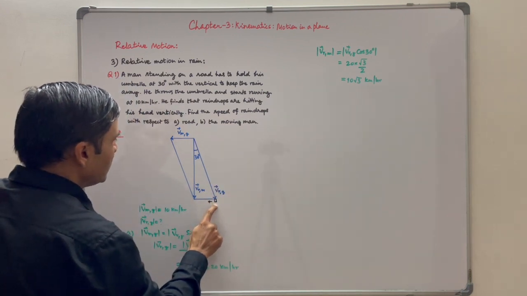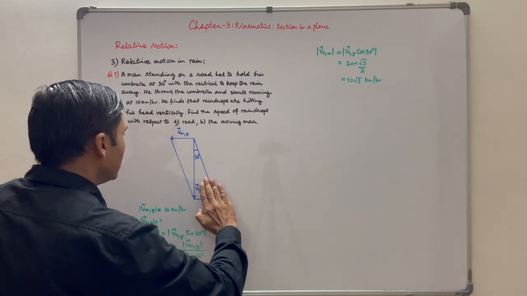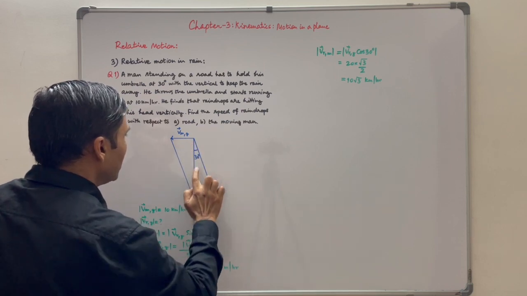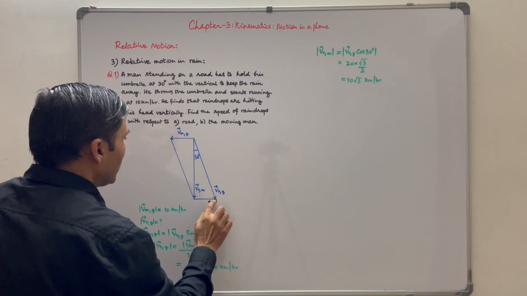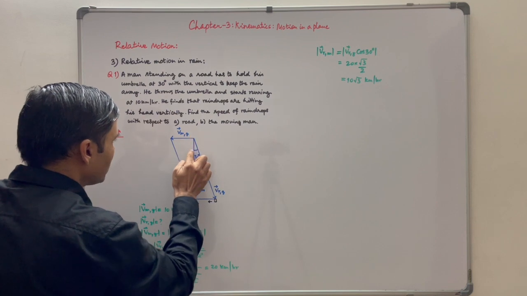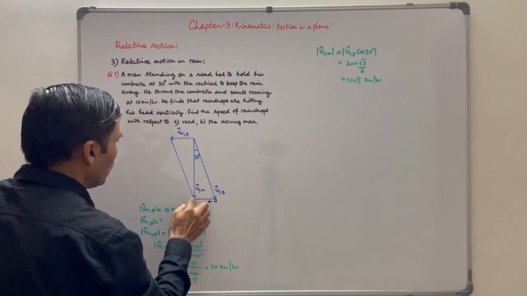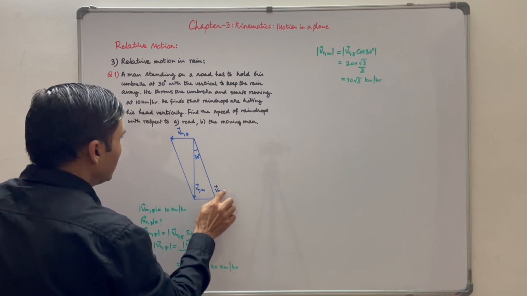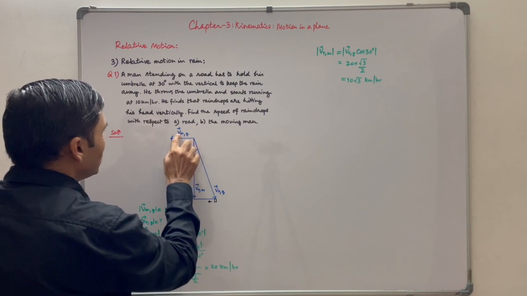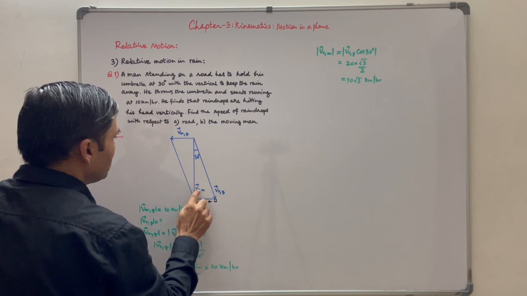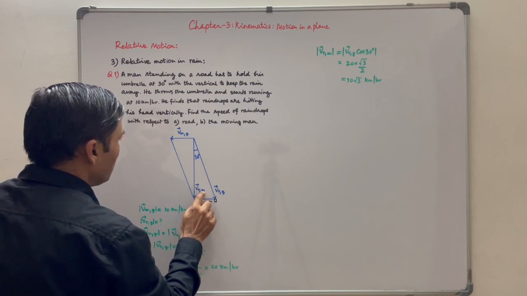Suppose the man is standing here holding his umbrella like this because the raindrops are coming from a direction which is 30 degrees from the vertical. Now the man throws his umbrella and starts running in this direction, so the raindrops appear to be falling on his head vertically. Here V r,g represents the velocity of raindrops with respect to ground, V m,g represents the velocity of the man with respect to ground, and V r,m represents the velocity of rain with respect to man.